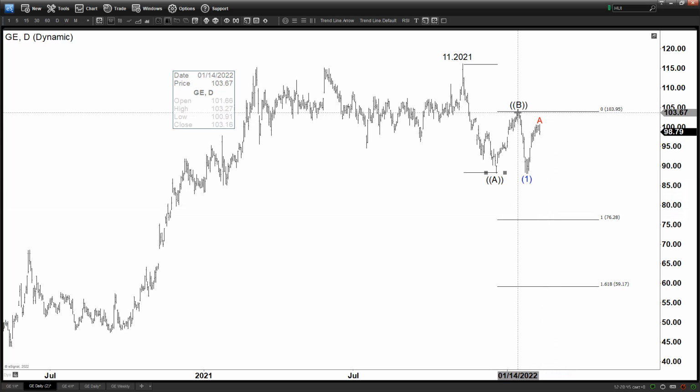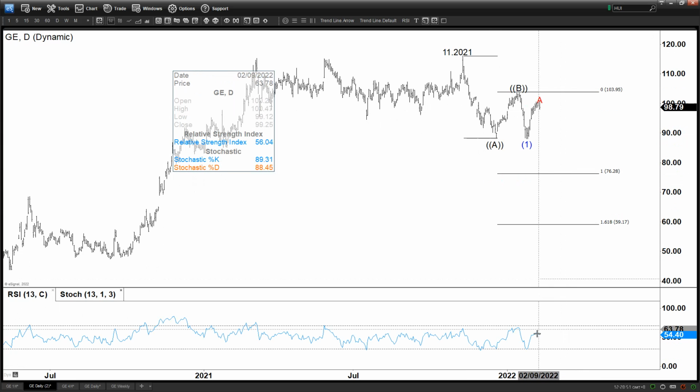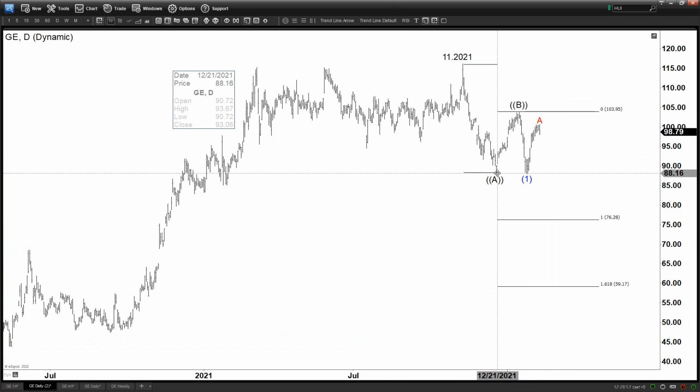And this is going to be the important level not to be broken. But then this low here is only a marginal low below here with the divergence. So I think another possibility, which is also quite possible, is actually doing a flat from here, like an A, B, C. Now the C leg of a flat doesn't need to break above here, and that will be a so-called running flat if it doesn't break above this previous peak, right?